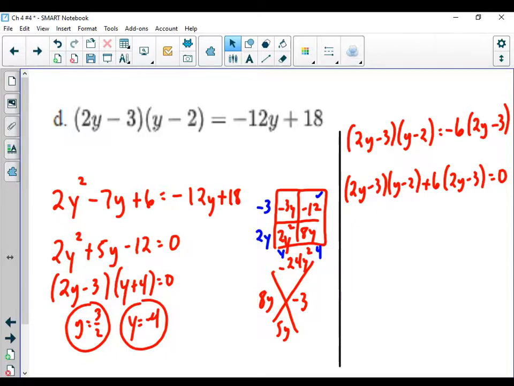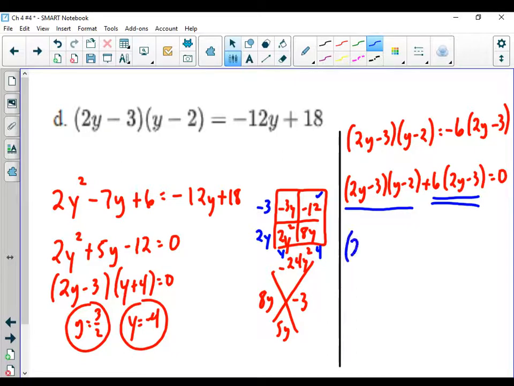All right, well, if you think of these as two terms, this is one term, this is a second term. Well, those two terms have a 2y minus 3 in common. So I'm going to pull out the 2y minus 3. If I pull it out of the first one, I'm left with y minus 2. If I pull it out of the second one, I'm left with positive 6.